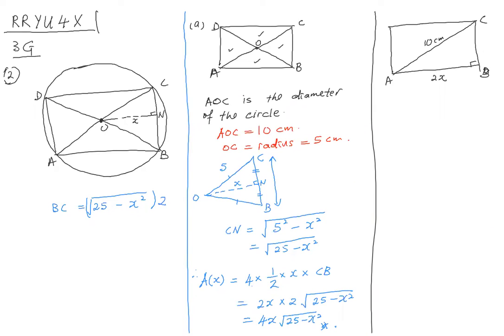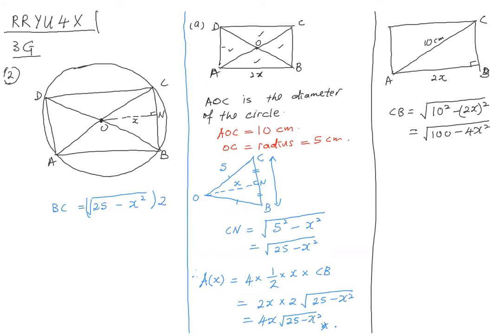Correct? Here to here is x, here to here is also x. So this one is 2x. Got it? So now to get your CB, also use Pythagoras theorem, square root of 10 squared minus 2x, the whole thing squared. So this will be square root of 100 minus 4x squared.